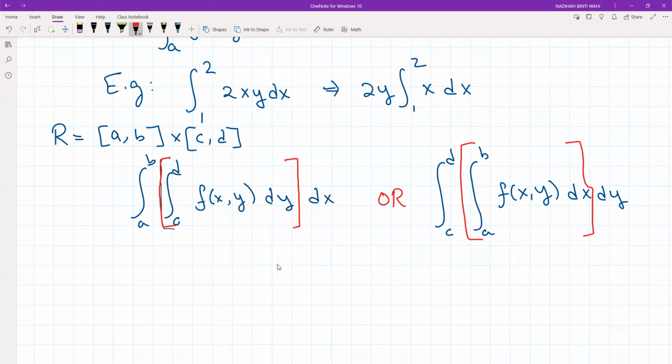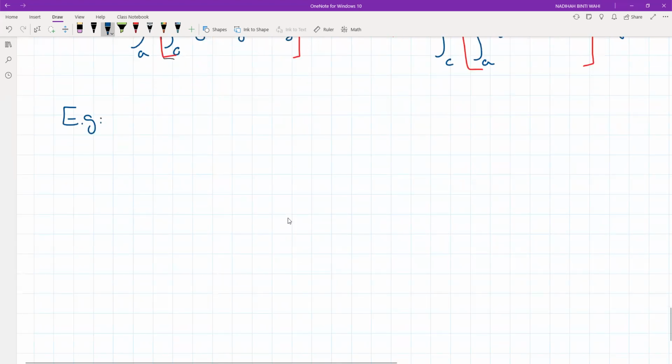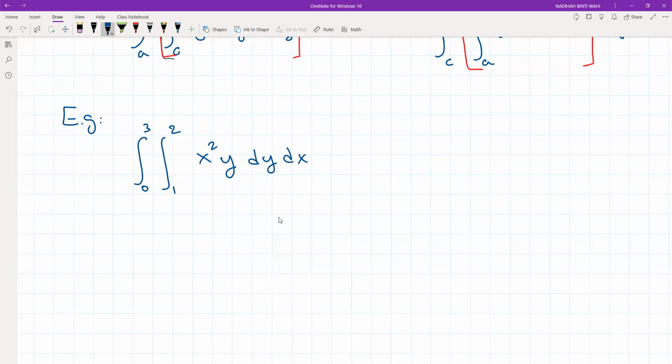Okay, let's look at an example. Evaluate this integral, x from 0 to 3, y from 1 to 2, x squared y, dy dx. Okay, so maksudnya apa? Maksudnya saya nak region saya, kalau saya lukis dia punya region ni.